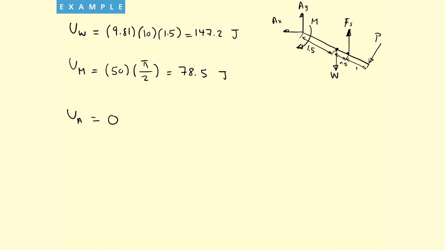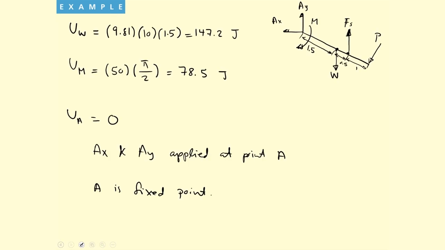So this is equal to 0 because AX and AY are applied at point A, and point A is a fixed point. Okay, so we move on.